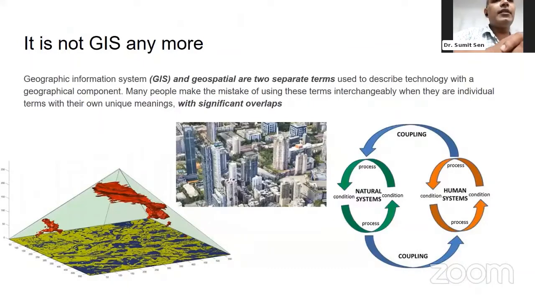But it is not GIS anymore, in the sense that these are not just systems. Geospatial technology has gone beyond the typical systems approach, and many opportunities exist in terms of coupling the natural systems with human systems.